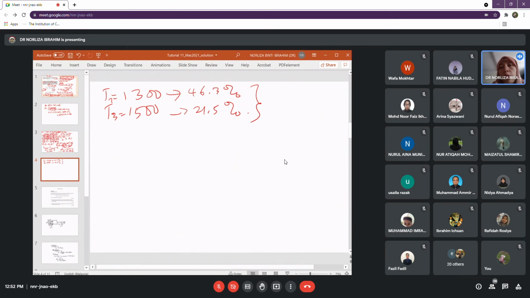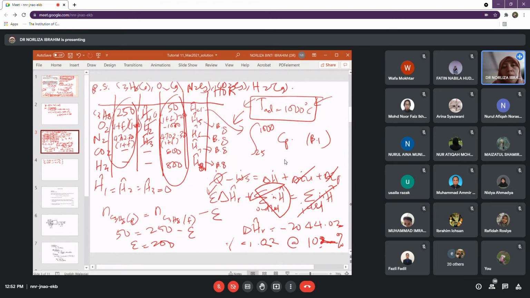You have to show back, as I advise, your inlet and outlet enthalpy table here, giving your adiabatic temperature. It should be detailed. The rubric requires you to give a detailed calculation. Then only you can get 5 out of 5.